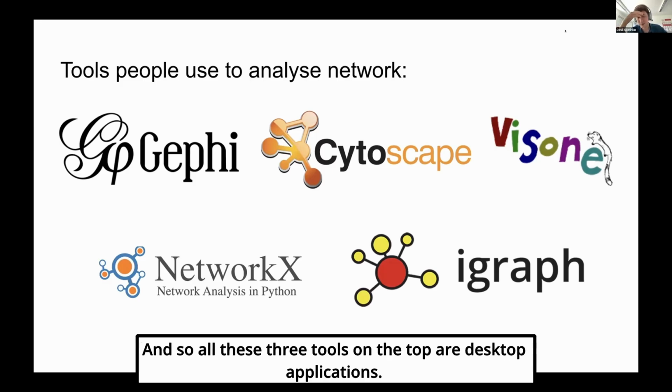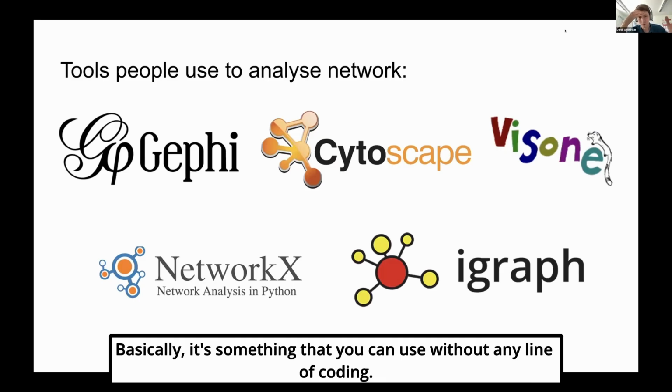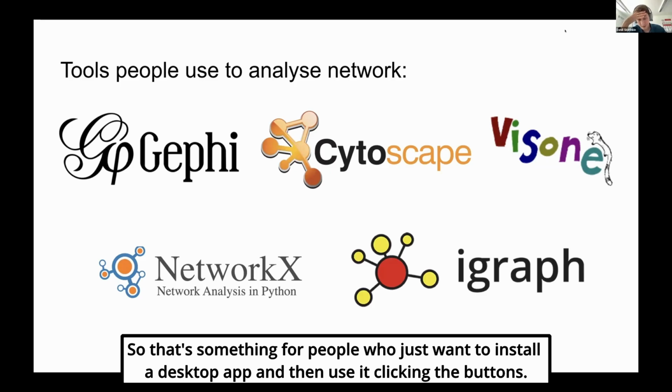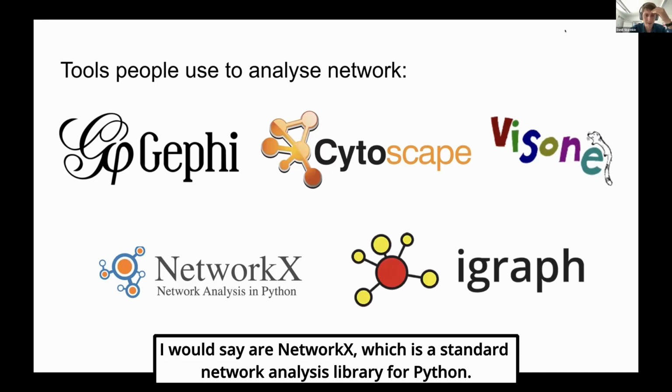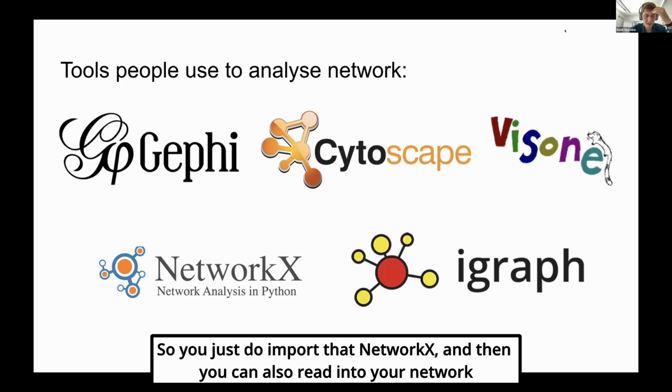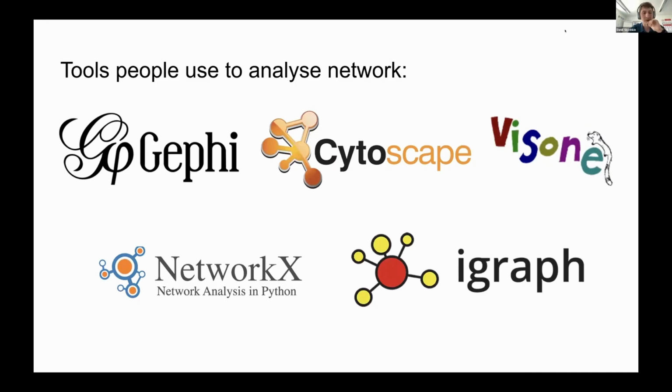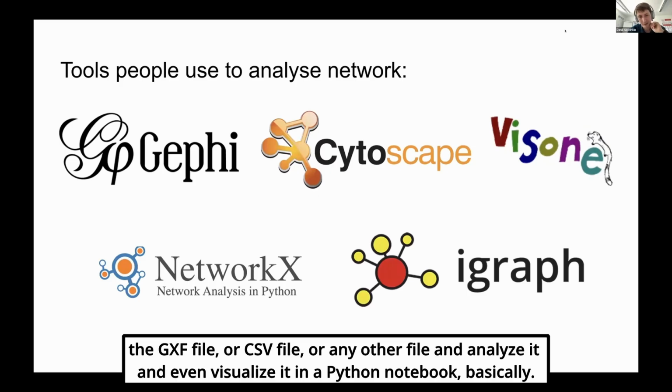All these three tools on the top are desktop applications, basically. It's something that you can use without any line of coding. That's for people who just want to install a desktop app and then use it, clicking the buttons basically. There are also, of course, programming libraries, and the two which are particularly popular in our domain are NetworkX, which is a standard network analysis library for Python. You just import NetworkX, and then you can read into your network the GEXF file or CSV file or any other file and analyze it and even visualize it in a Python notebook.